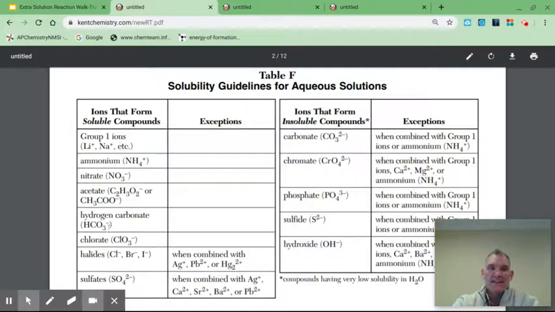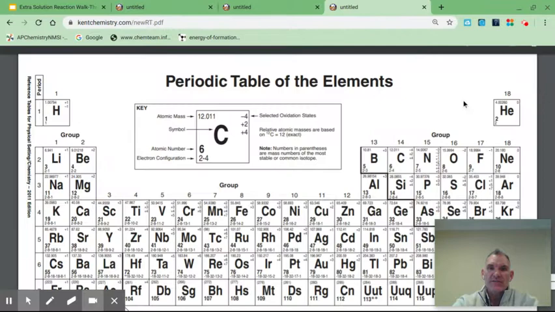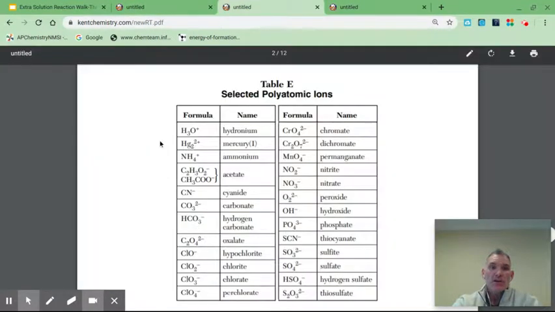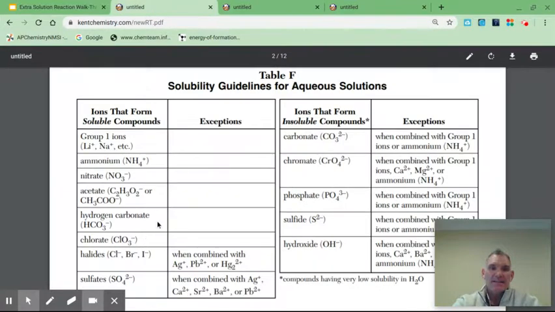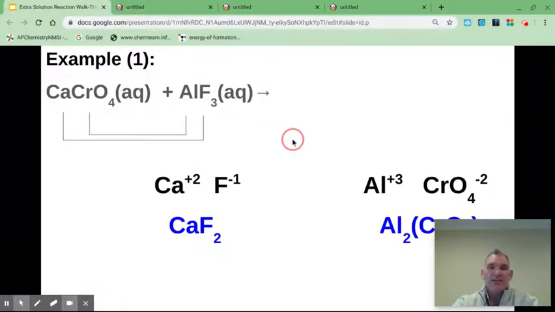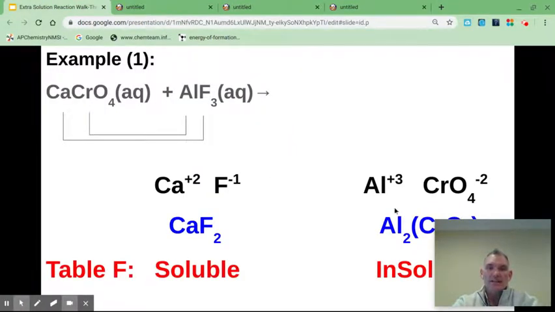And notice that the F is a halide because it's in group 17, just like Cl, Br, and I. So knowing that it is a halide, it's going to be soluble except with these three things. Notice that Ca is not there. So I know CaF2 is soluble.